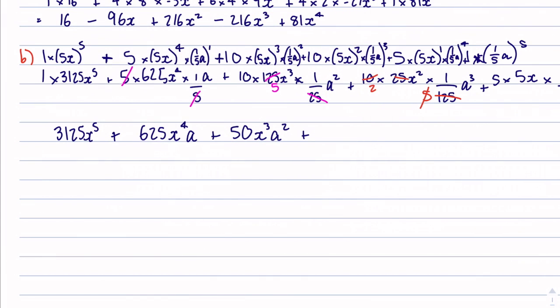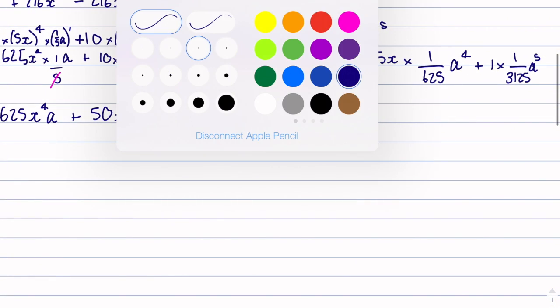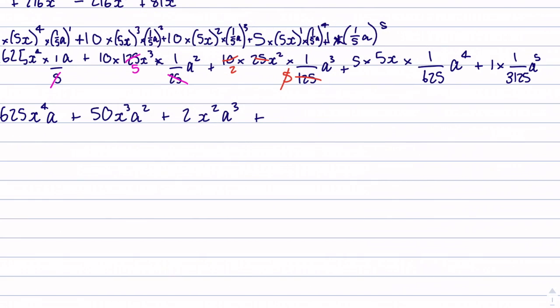So I get 2x squared a to the 3, plus, okay. Now, 5, 125, 5, 25, 1 on 25x a to the 4, plus 1 on 3125a to the 5.